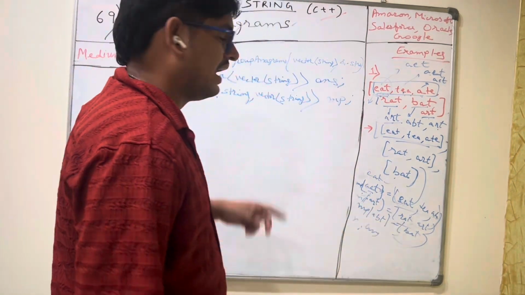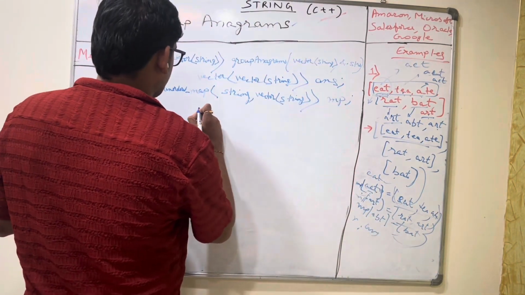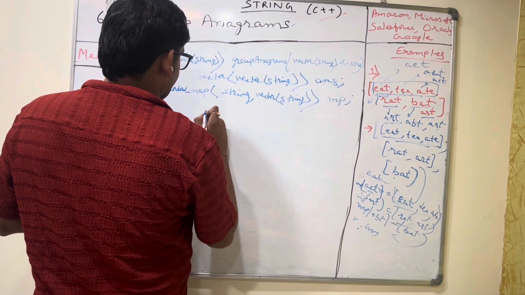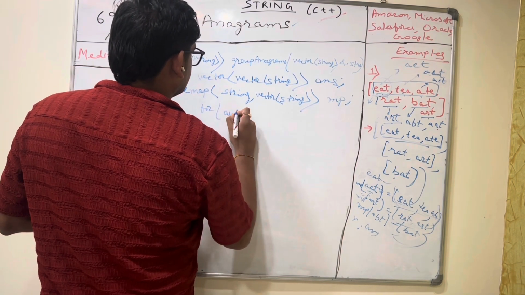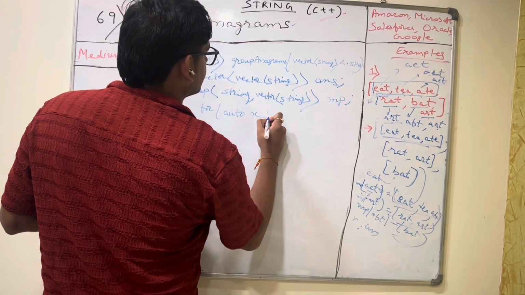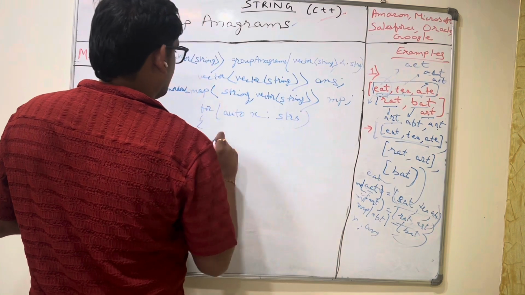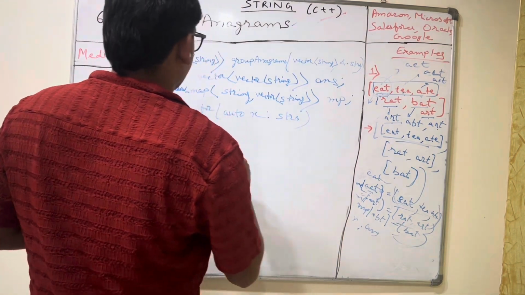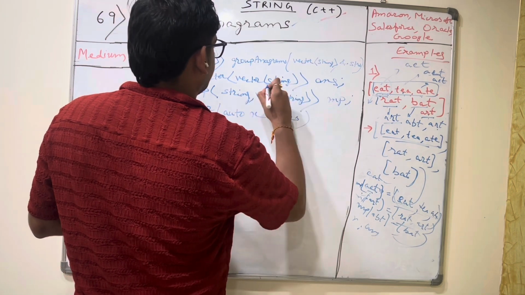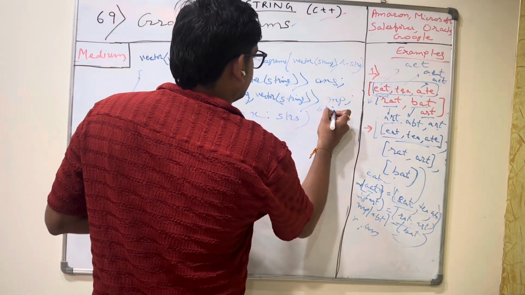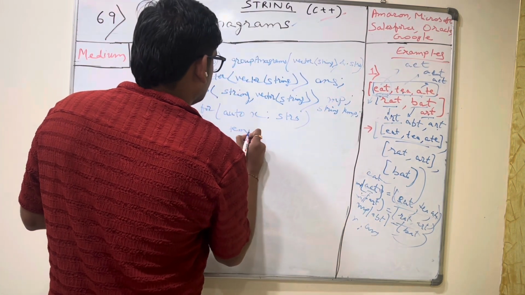I think you have understood it, you can try it yourself, or let's code it. Okay, so we have this. Now what we do is traverse this string, auto x in strs. Here we take a string temp and store the original value, because we are going to sort it.